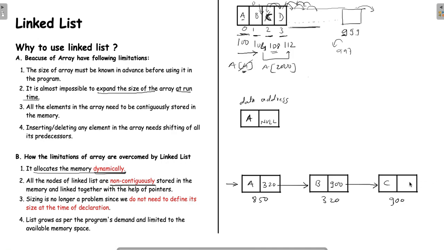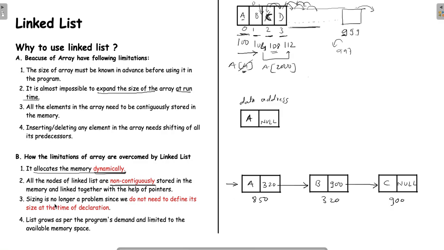And after C there is no element, so in the last block you will write null. It means there is no further element you can visit after C. So this is nothing but your linked list. You are linking the different data or the different blocks or nodes and creating a list.